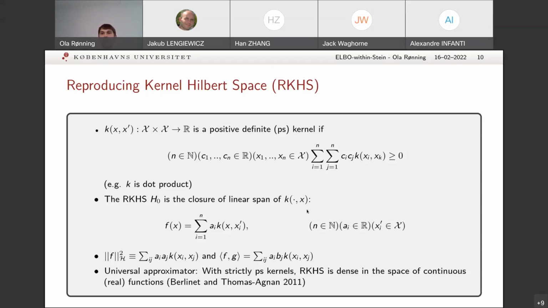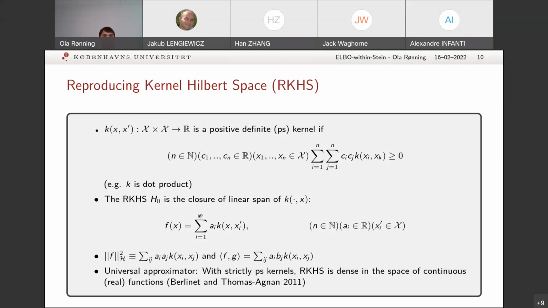Okay, and if they're positive definite, so that is to say these kernels are greater than or equal to 0, or in particular strictly positive definite, which is a restriction on these two constants, this is only equal to 0 when all these c_i constants are equal to 0. Then the reproducing kernel Hilbert space is dense in the space of continuous real functions.